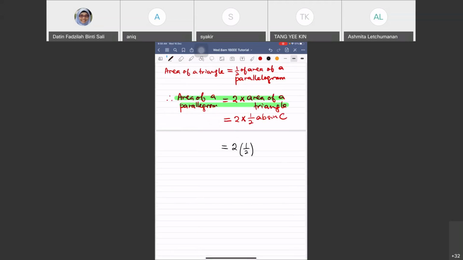A just now is from the diagram, 6. Another length is 12. And then the angle given is 118.